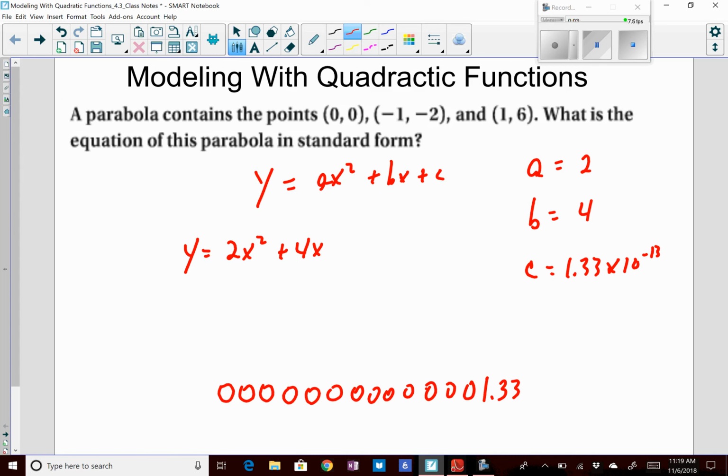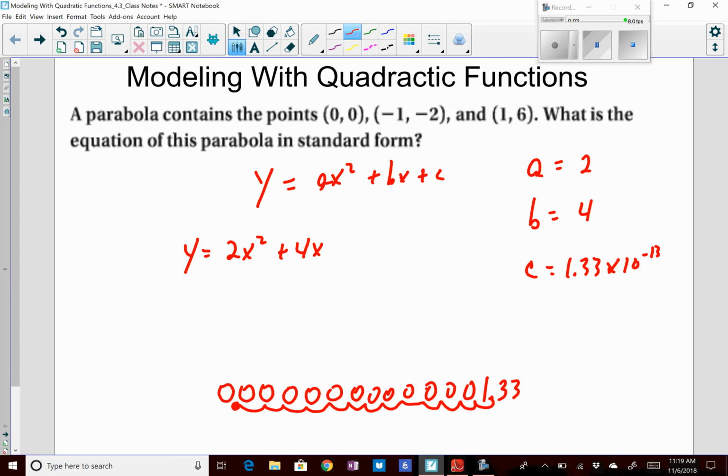So if I have an exponent of -13, that means I need to move the decimal point 13 units to the left. So now my decimal point is here to get the actual number.